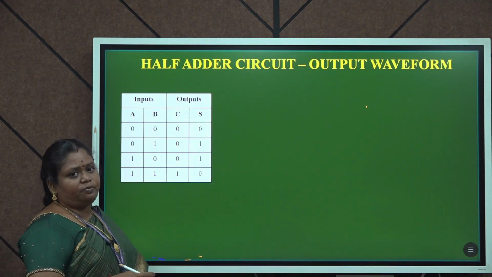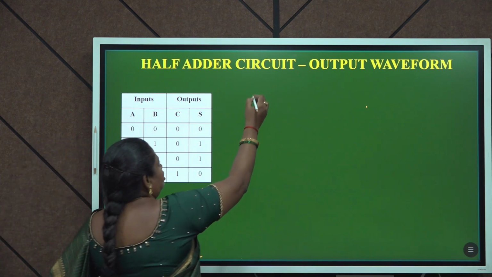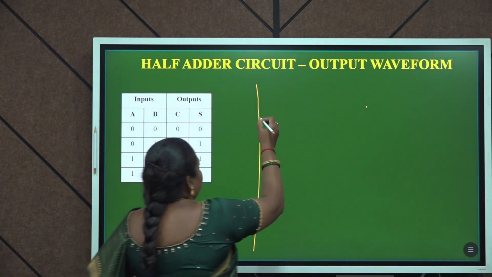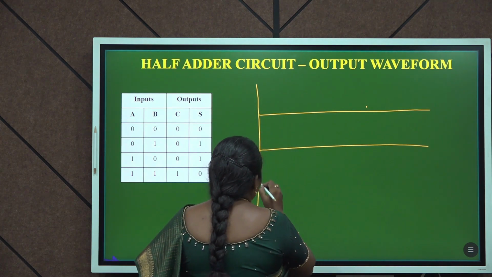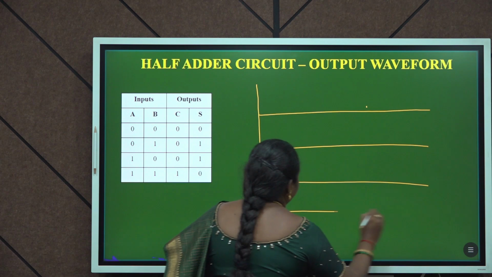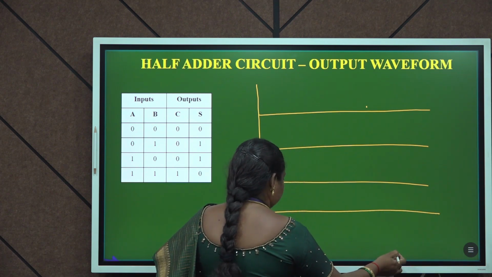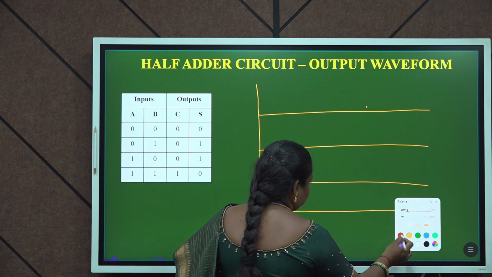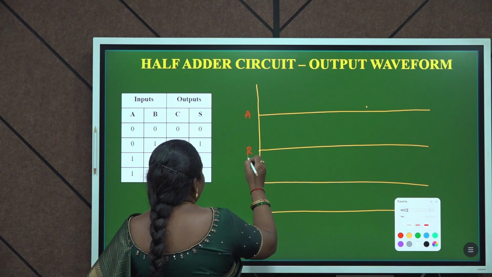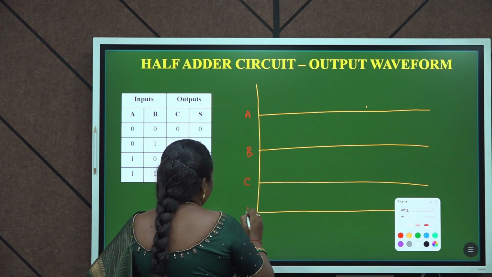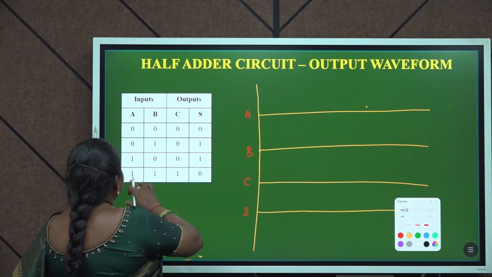Now for all the test cases we are going to see the waveform. For the waveform you are going to give your input and test with your output. My inputs are A and B, my outputs are C and sum. My input here is 0 0 1 1.